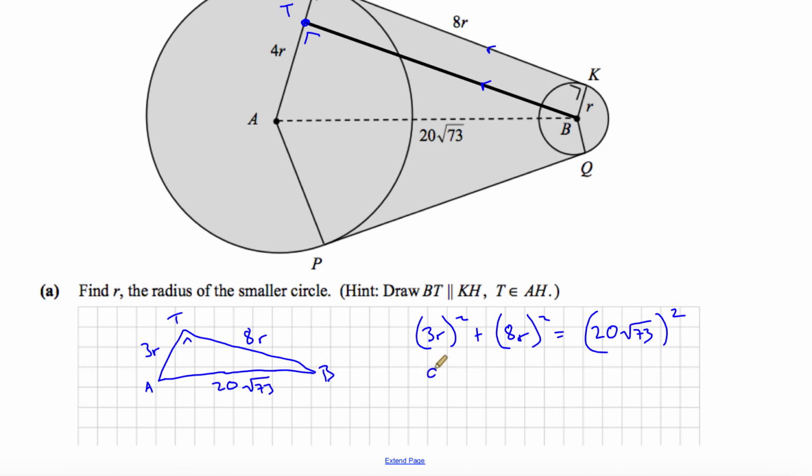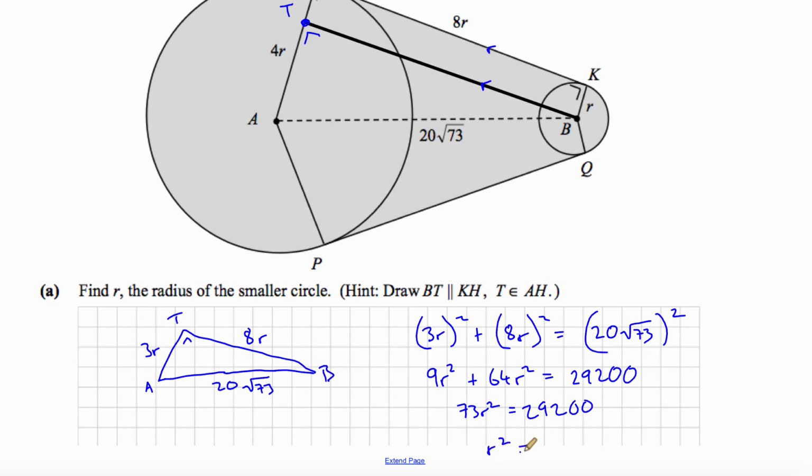Okay, so that gives me 3r by itself is 9r squared, plus 8r by itself is 64r squared. And then over here, 20 root 73 squared gives me 29,200. So 9r squared and 64r squared, that gives me 73r squared equals 29,200.